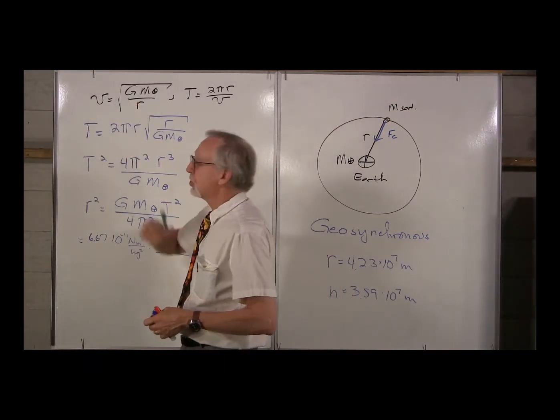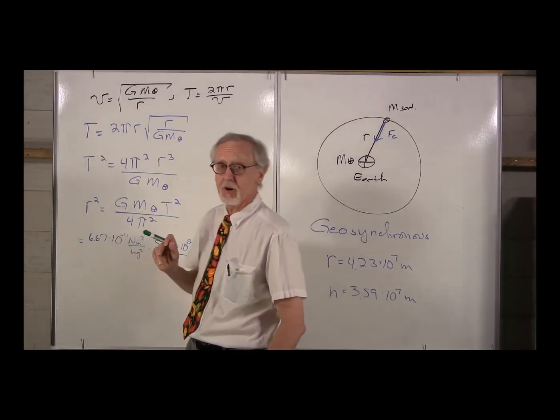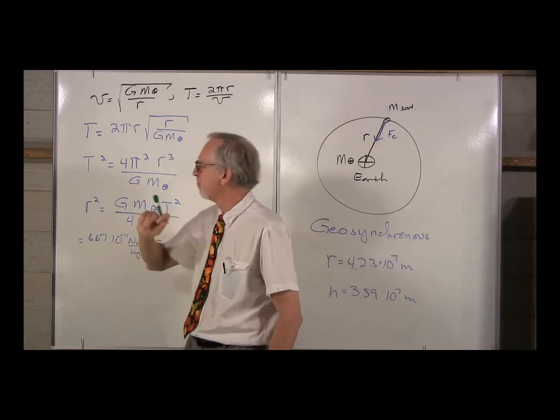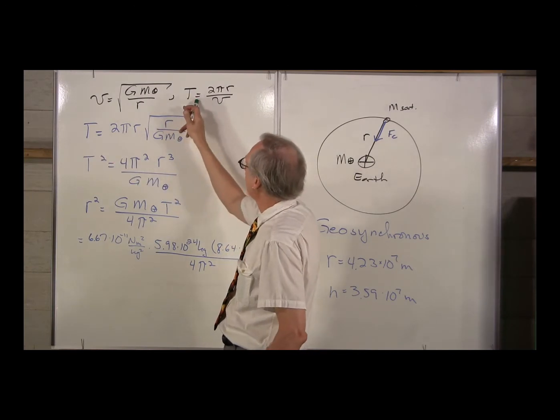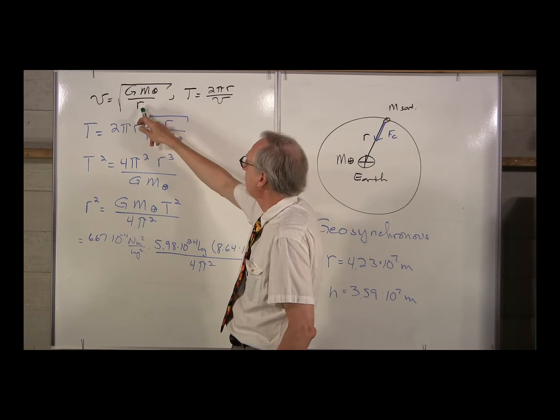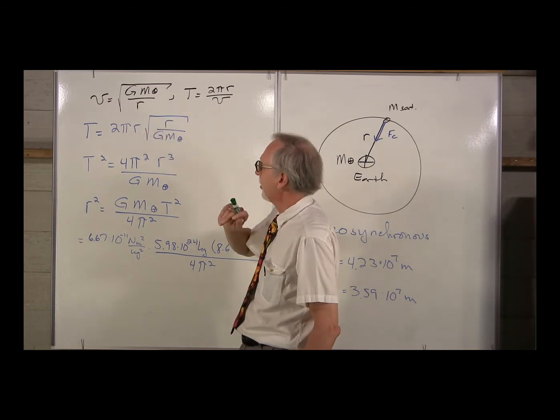With v equal to root G M Earth over r, and T equal to 2 pi r over v, we have that T is equal to 2 pi r times root r over G M Earth.